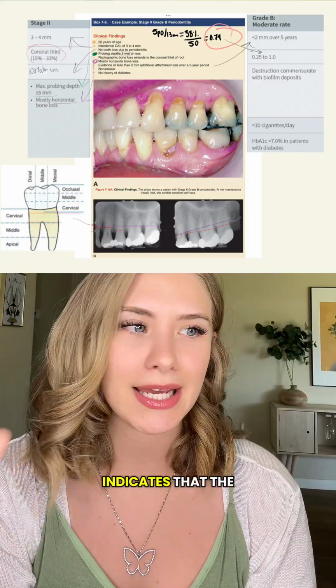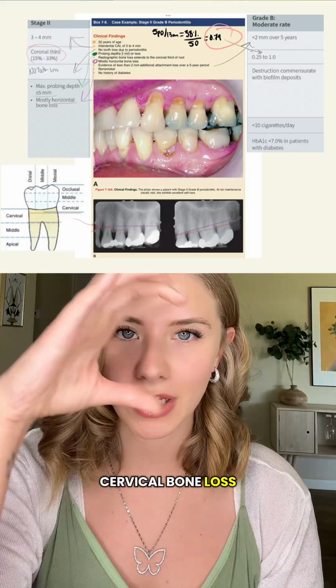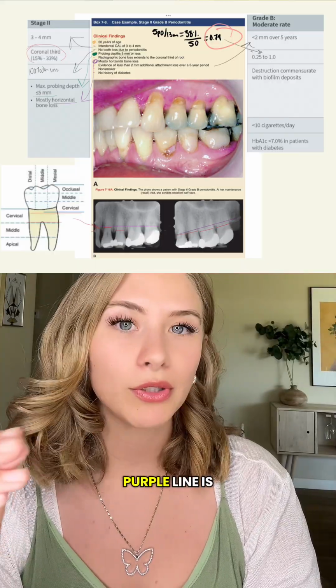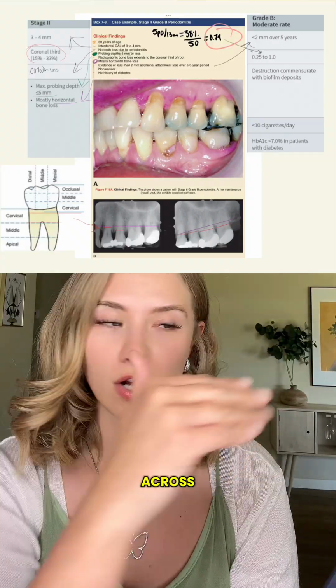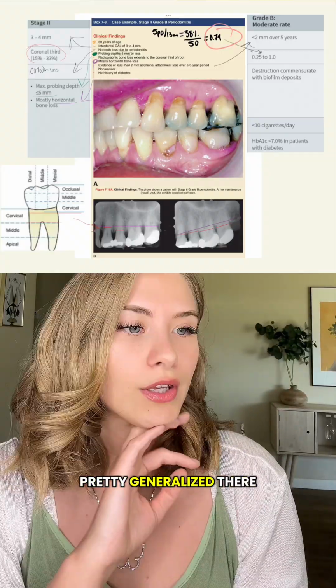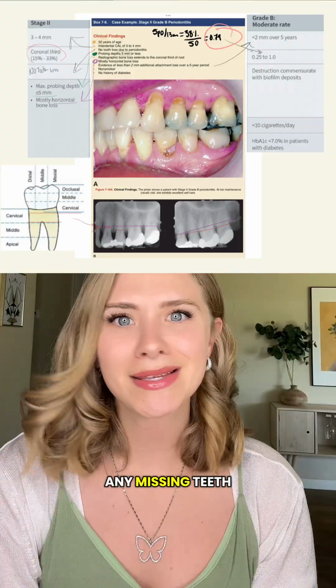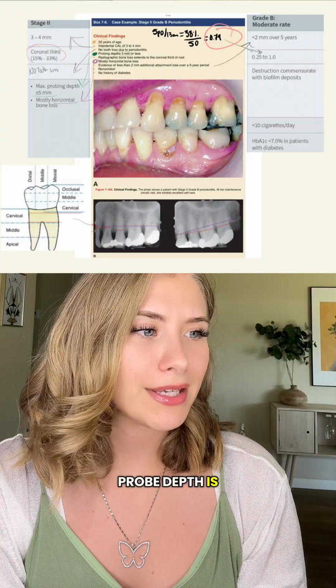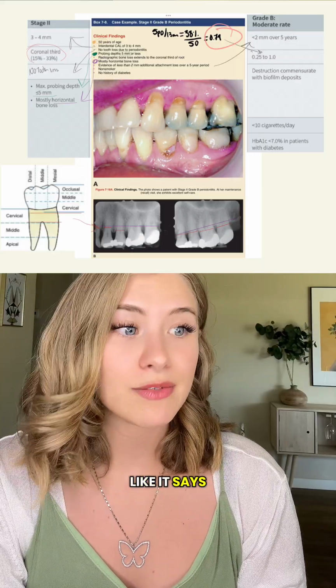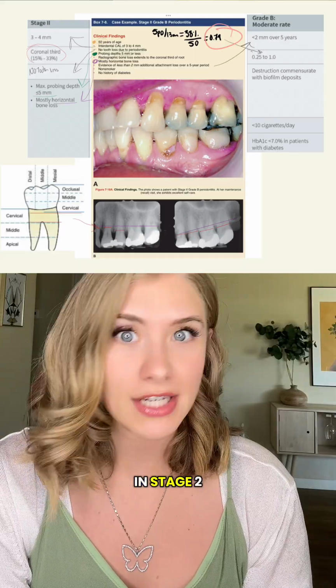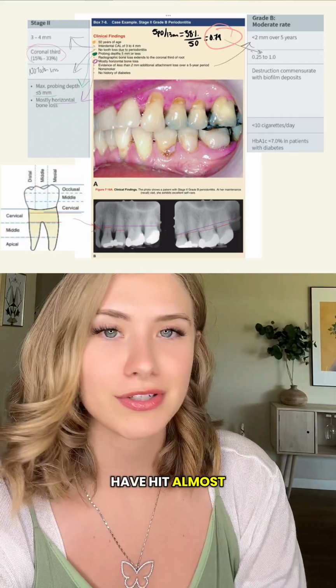The red line indicates the cervical bone loss right there, and the purple line is the vertical or horizontal. It shows it's kind of straight across. Pretty generalized. There's no tooth loss, they don't have any missing teeth, and the max probe depth is 5 millimeters or less. And like it says, mostly horizontal bone loss, so they're in stage 2. They pretty much have hit almost every mark on here.